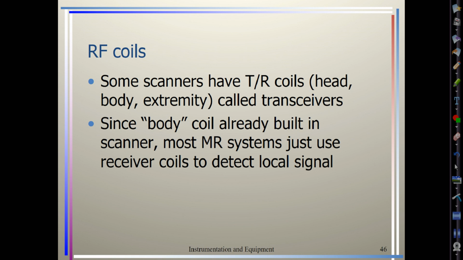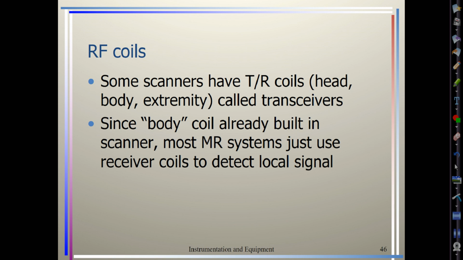So say you're scanning the brain and the patient has a pacemaker. If you have a transmit-receive head coil, you're only going to transmit RF energy to the head and not to the rest of the body. So you don't have to worry about that device heating up and getting a resonant burn. Okay?